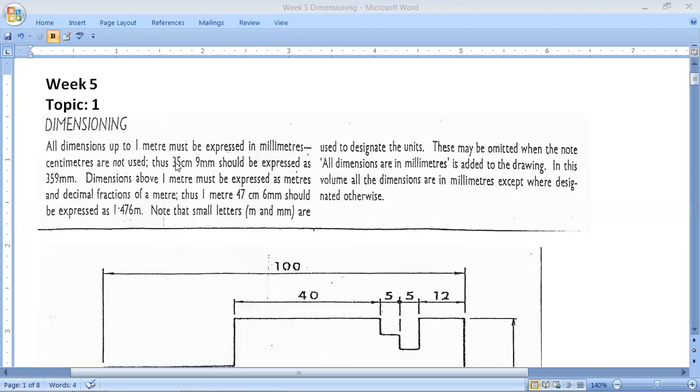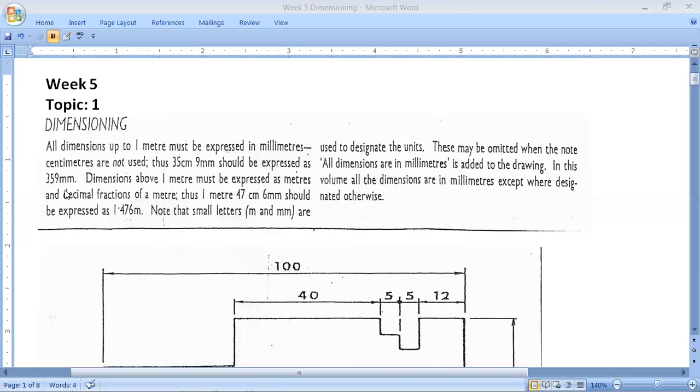And then you say 350 millimeter, that is equal to 35 centimeter, plus 9 millimeter. It's equal to 350 plus 9, 359 millimeter, right?